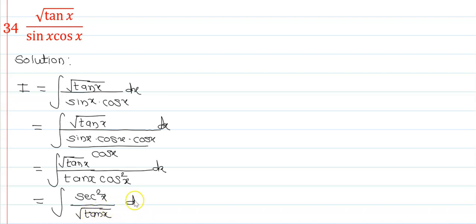Now the substitution. What is the substitution here? Put tan x is equal to t, and it implies that its derivative, sec square x into dx, is equal to dt.